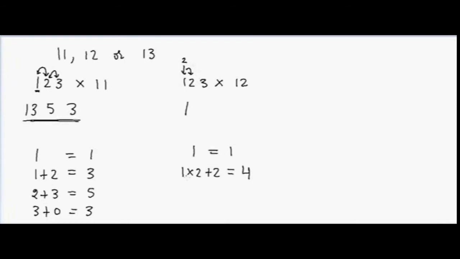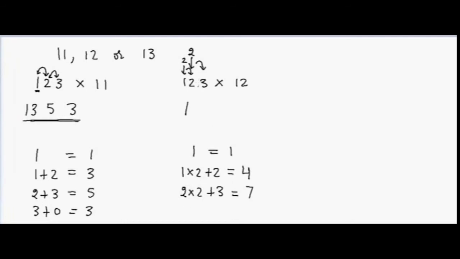Then for calculating the third digit of the answer, I'll do 2 into 2 plus 3, that will be equal to 7. So I multiply this by 2 and then add it into the 3, which gives 7.